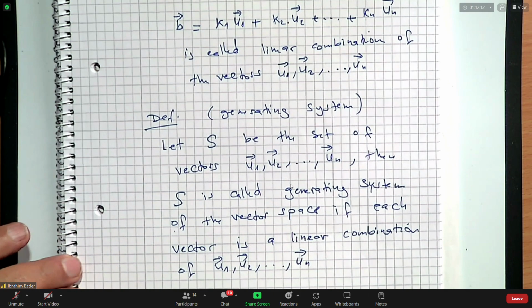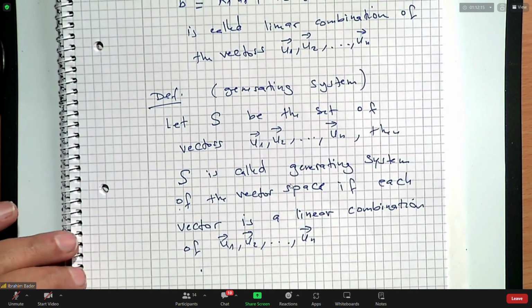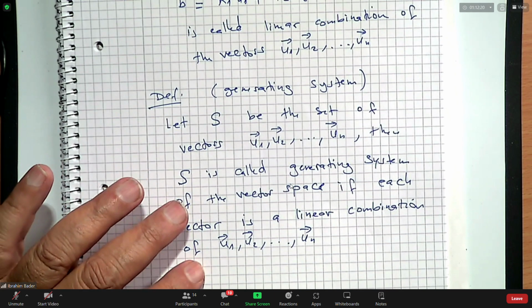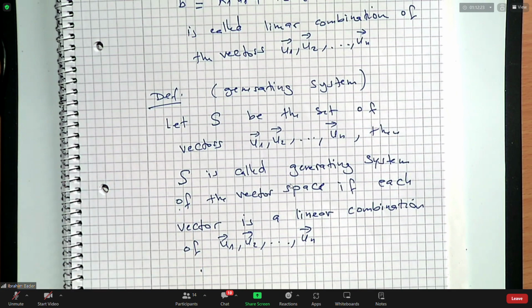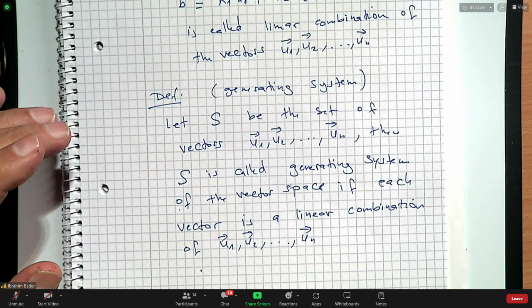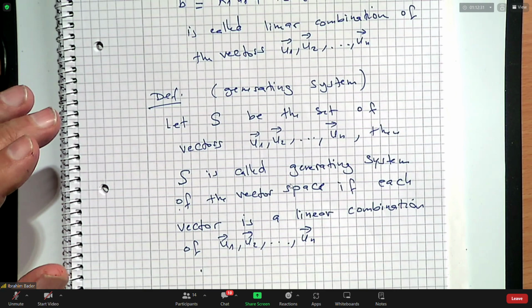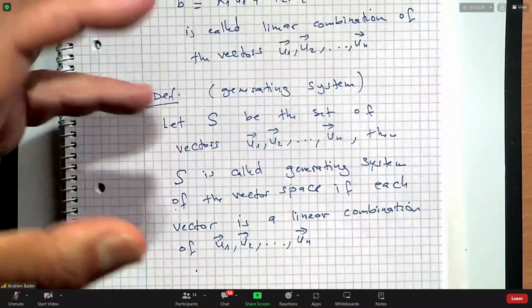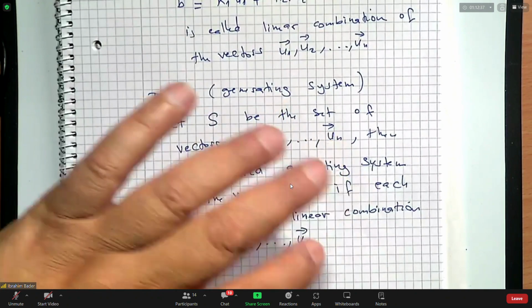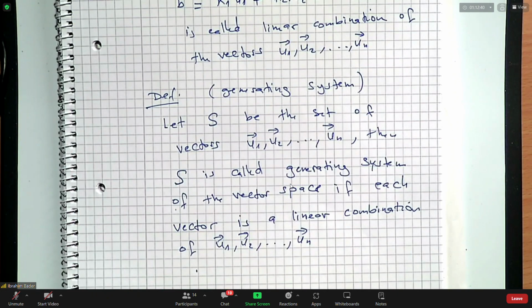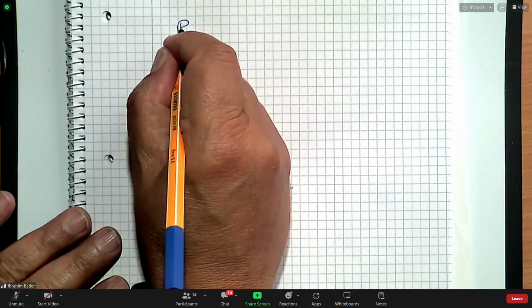This is the general definition for n-dimensional vectors, but in general we also say this set is spanning the whole vector space; the term used in this context is that the vector space is spanned by these vectors. Now, what does that mean? Let's demonstrate this in a 3-dimensional vector space.